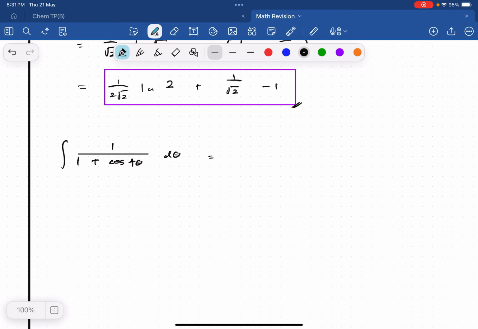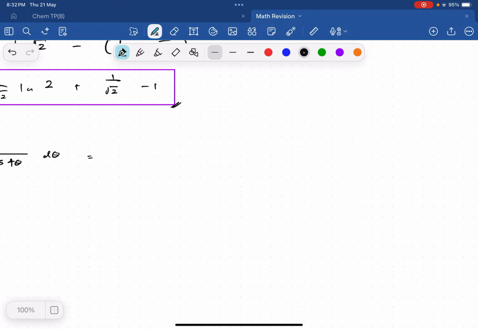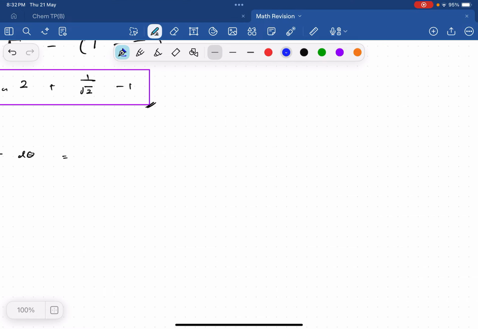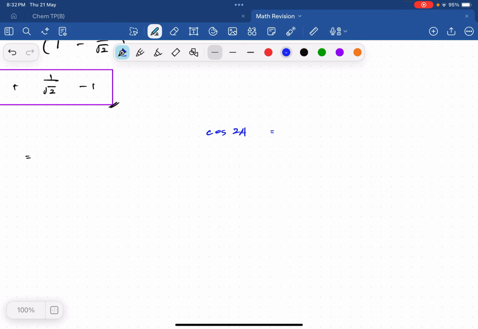Okay, so basically what you're going to need to do is you're going to need to use the double angle formula. So when you are applying the double angle formula, I want to show you something, okay? In your formula booklet, you are going to know, and you know this from Sec 4 A Math already, that the double angle formula in general is as follows for cosine, okay? This is the one that's particularly useful.